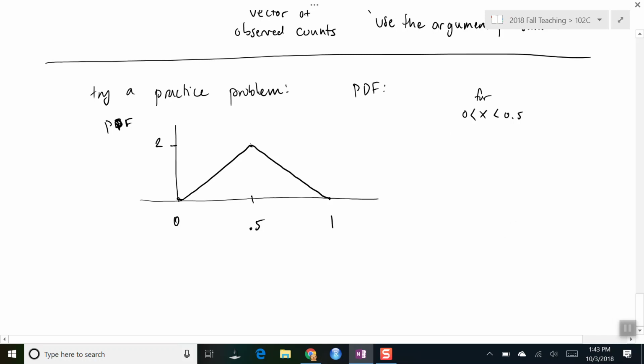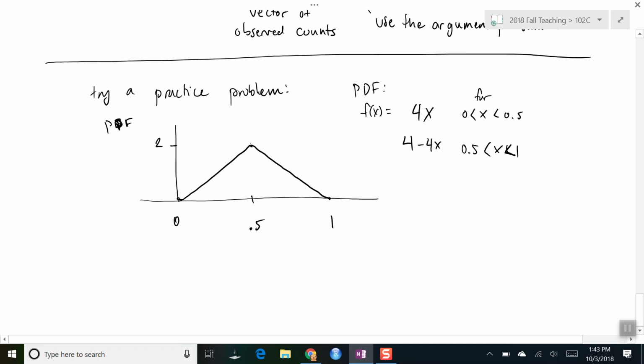All right, and then what is the function of this line? There's two parts to this, right? So x between 0 and 0.5. So our PDF is defined as what? Over here we've got, when x is 0.5, the function is 2, so it's 4x, right?